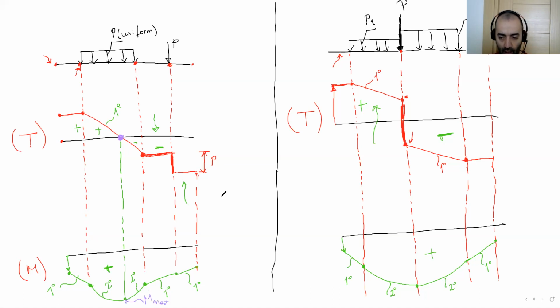Okay. It's same as for the second example. My shear force diagram goes to 0 at this point, and I will get the maximum moment at this point. Okay. Keep this in your mind.